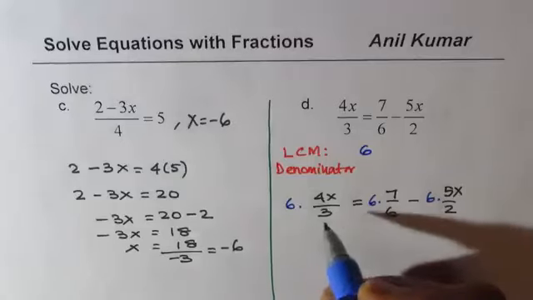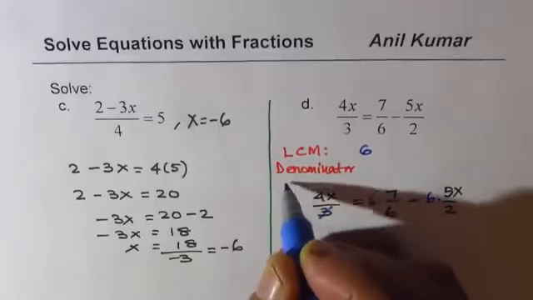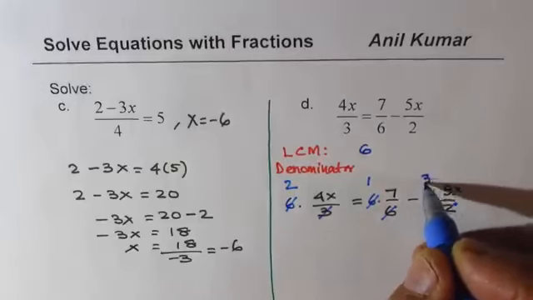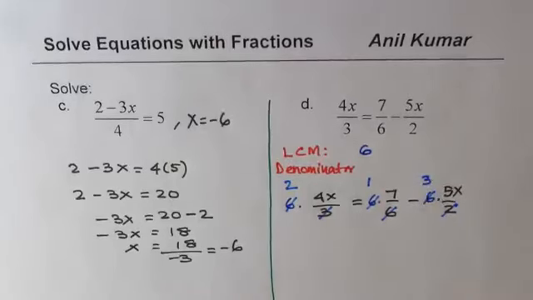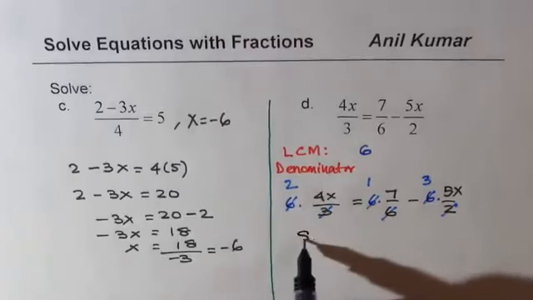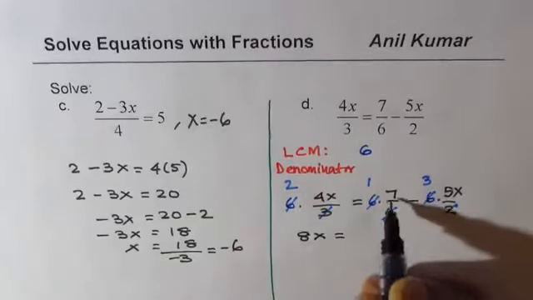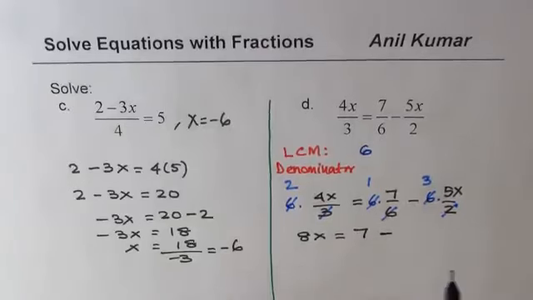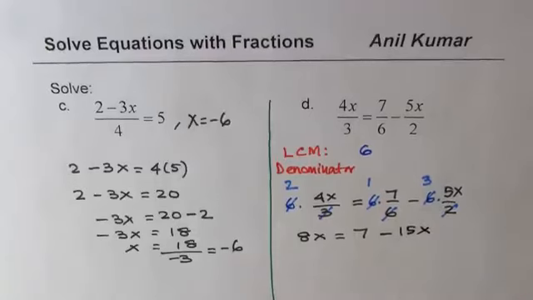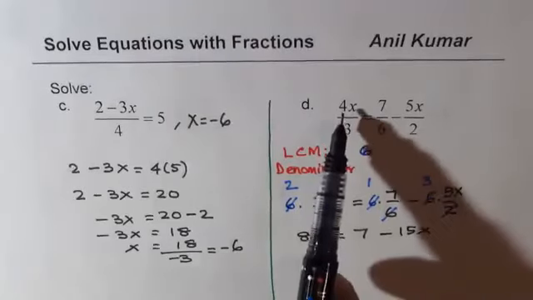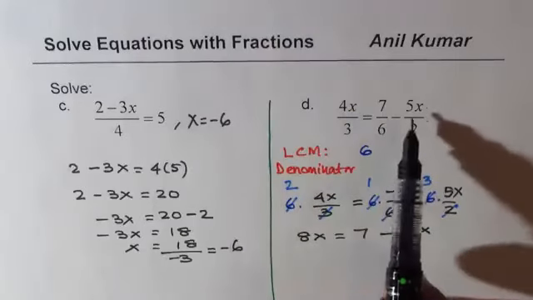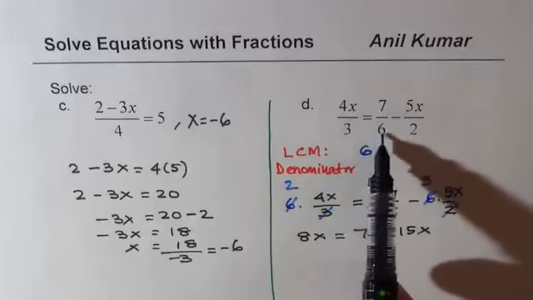So here, 3 goes 2 times, 6 1 time, and 2 goes 3 times. So basically, you get a linear equation without fractions. 4 times 2 is 8, so I could write this as 8x equals 7 minus 3 times 5, 15x. Correct? So 4 gets multiplied by 2, we get 8x, 7 remains as such, and 5 gets multiplied by 3.